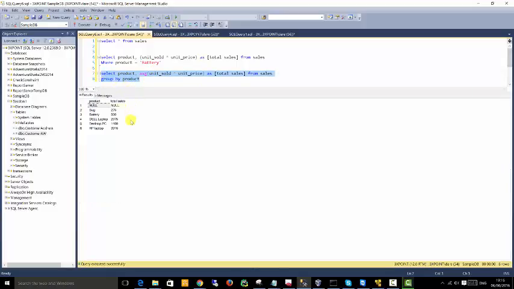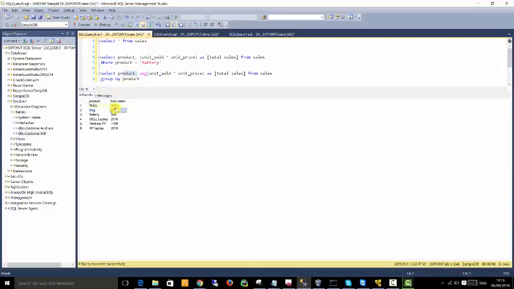It still has to use the group by because it is an aggregate function. And remember, we said an aggregate function returns a single value based on the input that you put into it. So you put something into it, and it's returning a single value for each of the products. And that's what's going on.